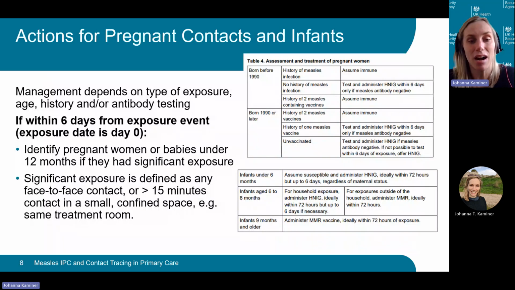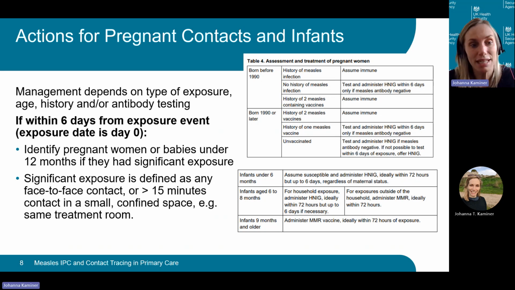So next are our pregnant contacts and infants under the age of 12 months old. Here the management depends on the time of exposure, the type of exposure, the age of the contact, and their history of vaccination or infection.